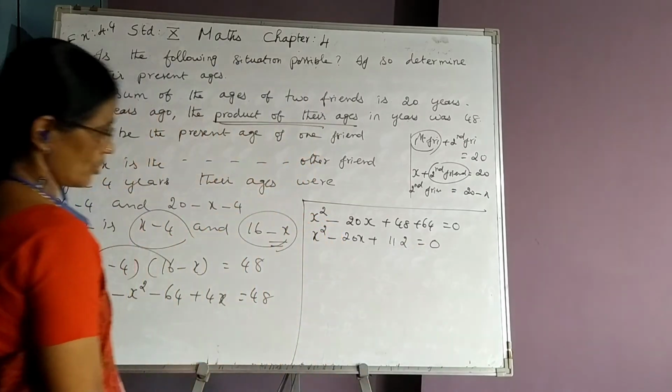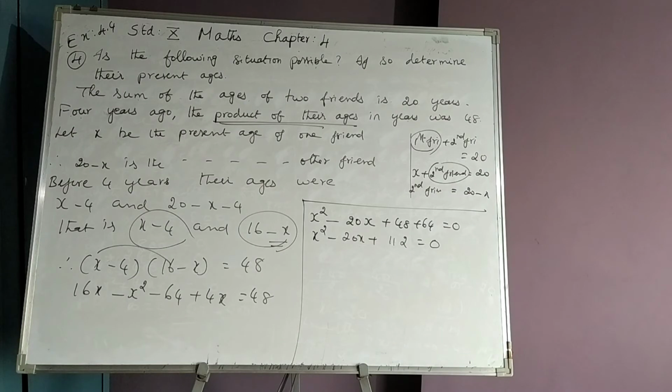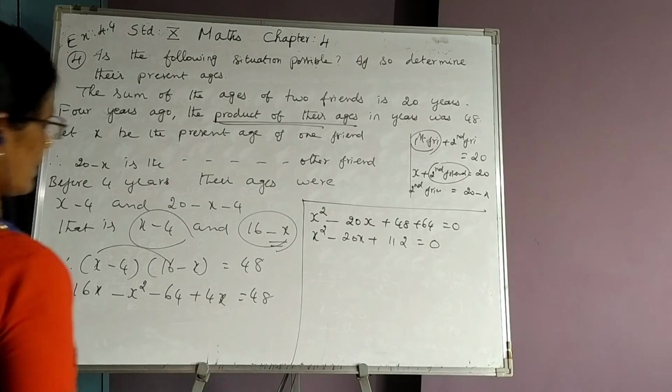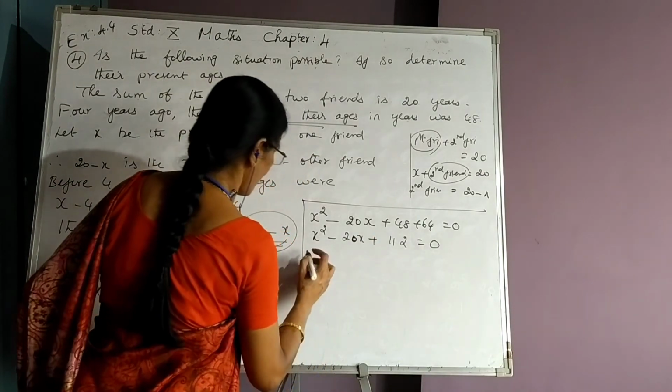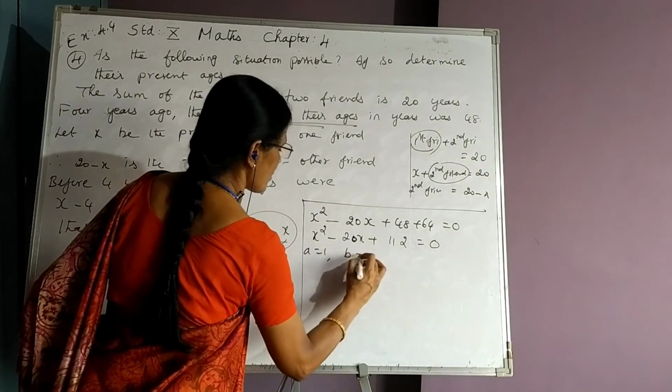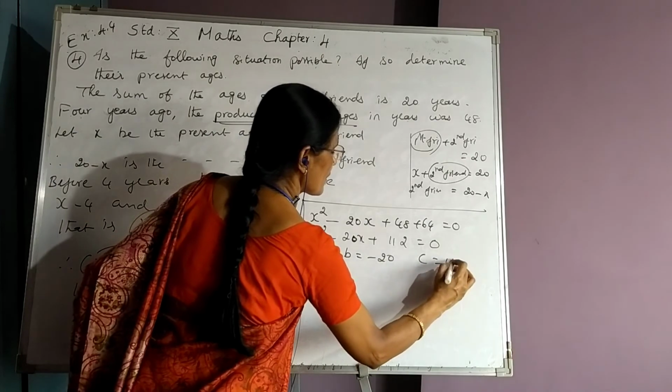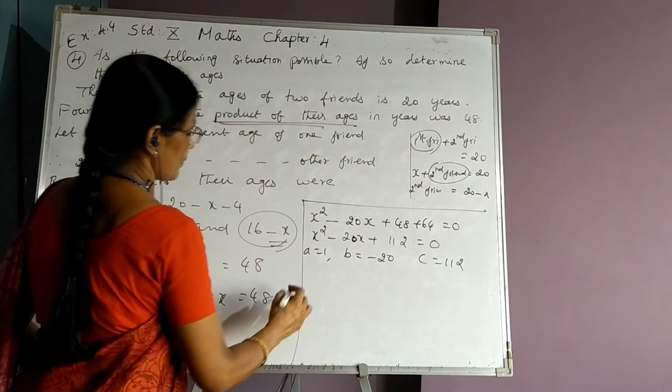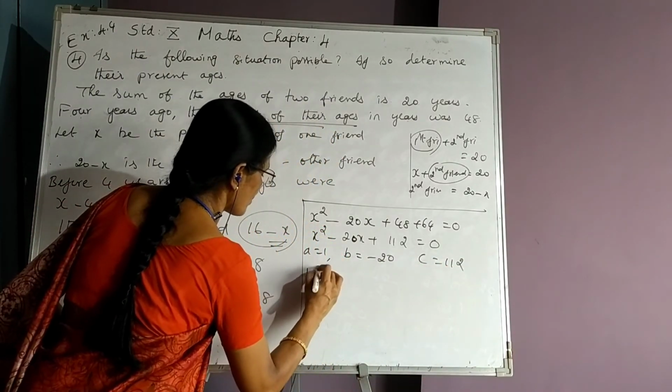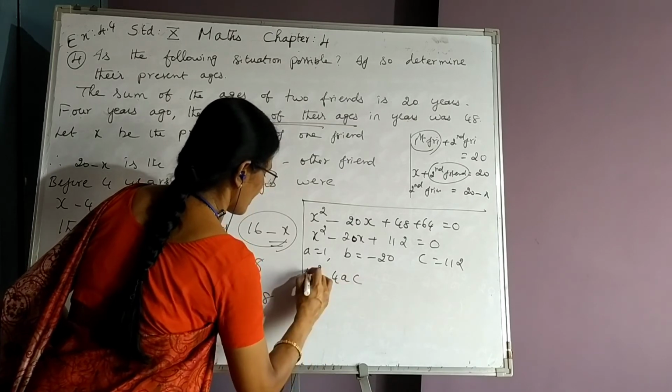So, we have to find the discriminant for this. If we find the discriminant and it is less than 0, then it is not possible. Comparing, we get a is equal to 1, b is minus 20, c is equal to 112. So, I find b square minus 4ac.